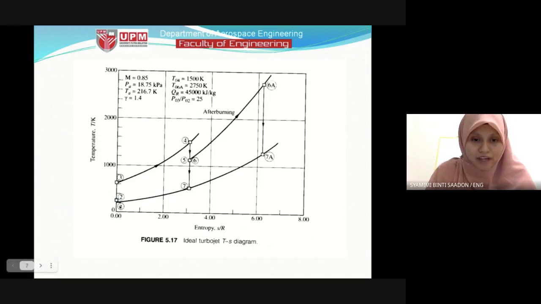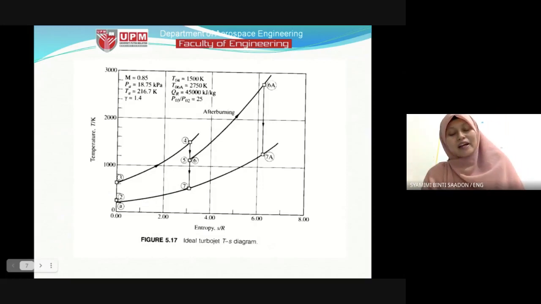Okay, so we have air intake and then straight to number 2. At the air intake diffuser, it is just slightly different.